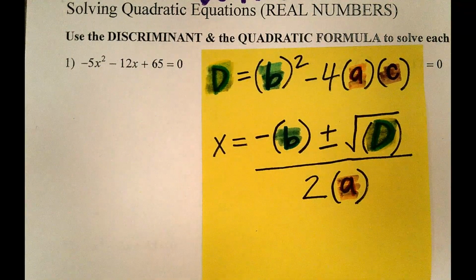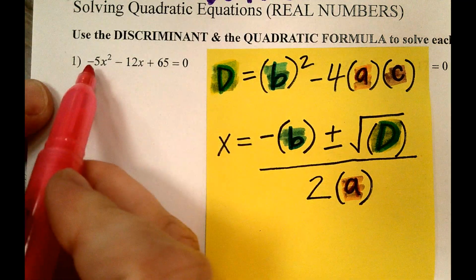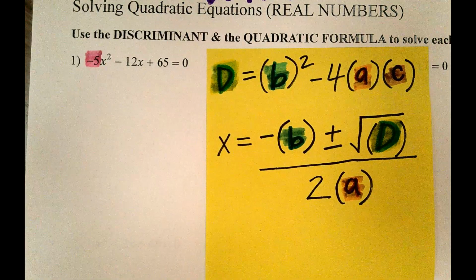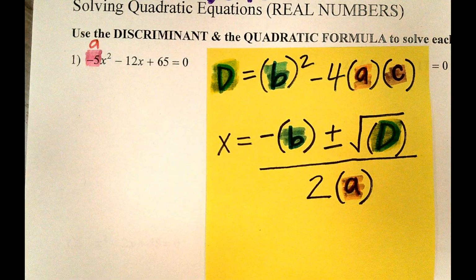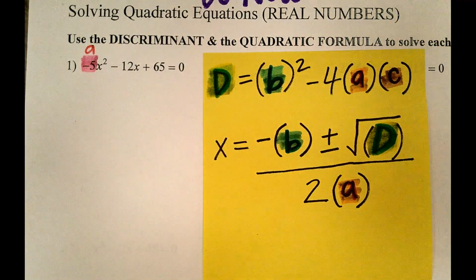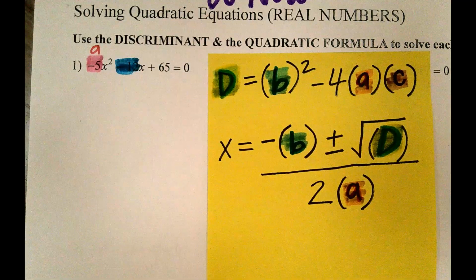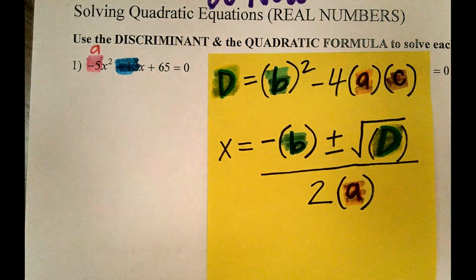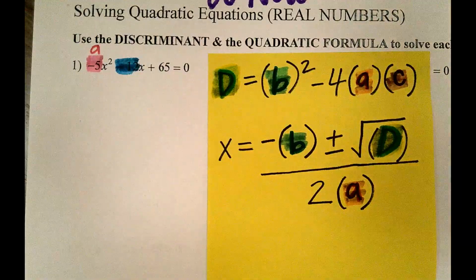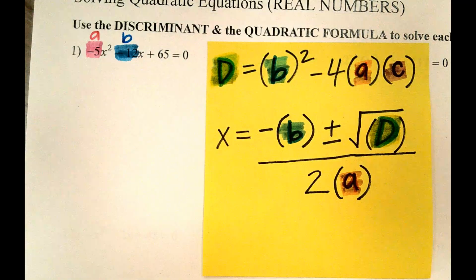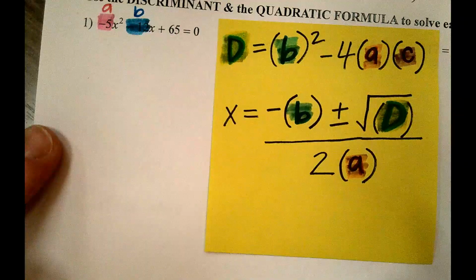Negative 5 is going to be A. And then what's my B? Negative 12, yes, B is negative 12. And what is my C? 65.